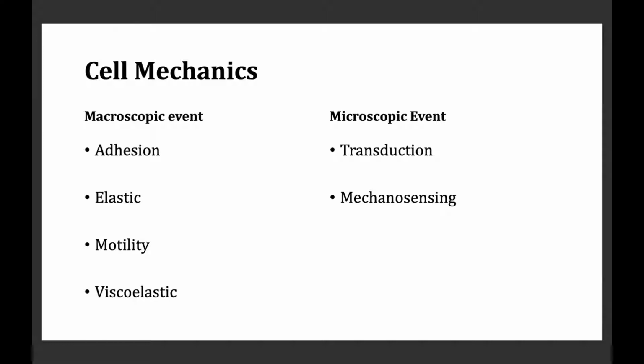And then for the macroscopic events, we have mechanosensing. Here, mechanosensing simply means when you apply a mechanical force to a cell, how will it be able to sense that and produce some biochemical changes? The next slide, please.